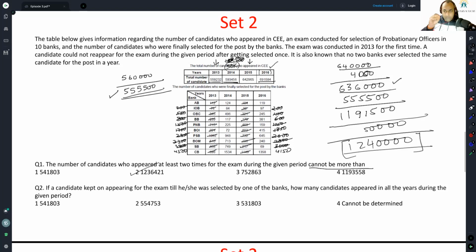And this is the biggest calculative question within the set. And hopefully, if you know the answer key, this is the right answer. You can look at the textual solution.